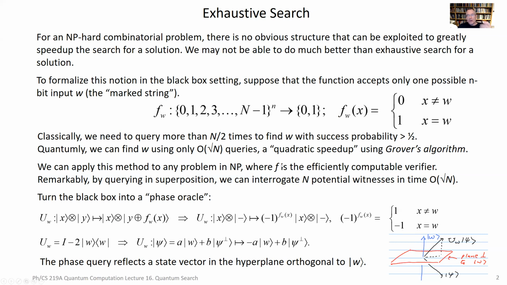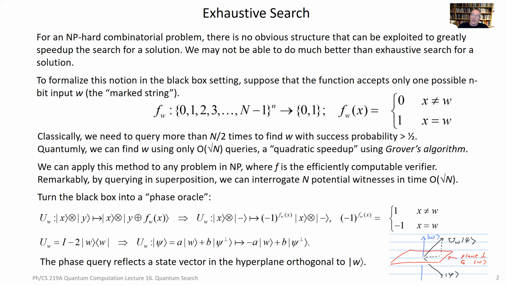And that w is the solution to a problem that we'd like to find. We could find it by exhaustive search, but if they're all together capital N, let's say 2 to the little n possible binary strings of length little n, then we'll have to query an exponential number of times.